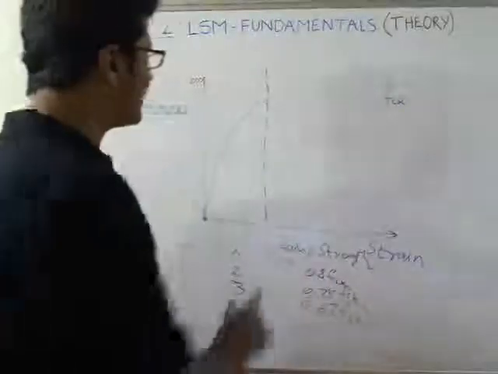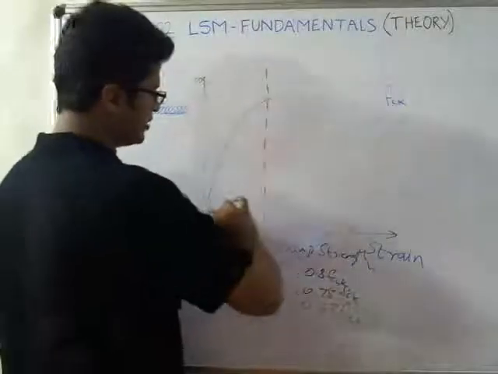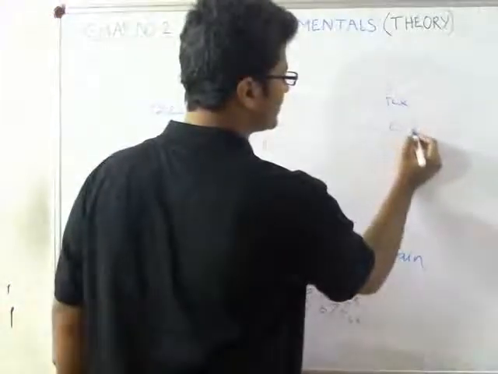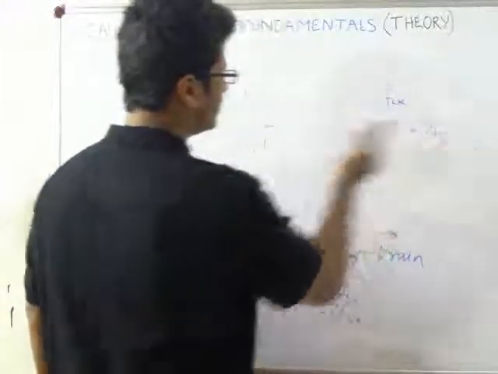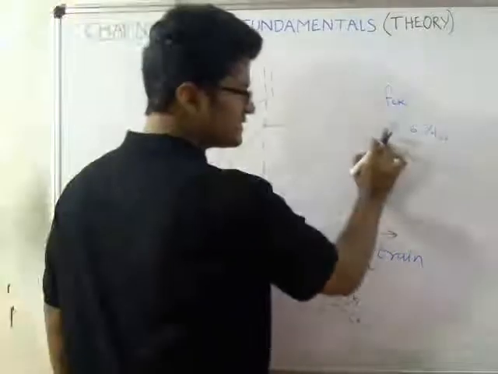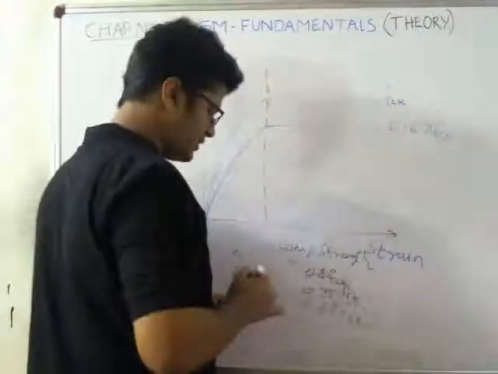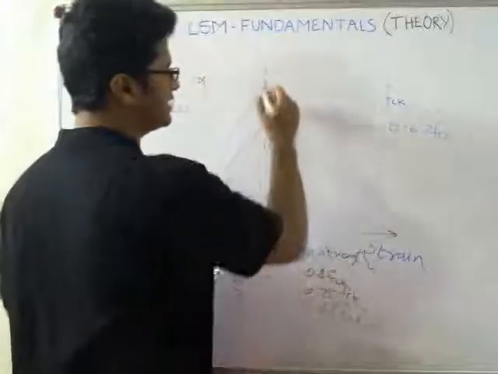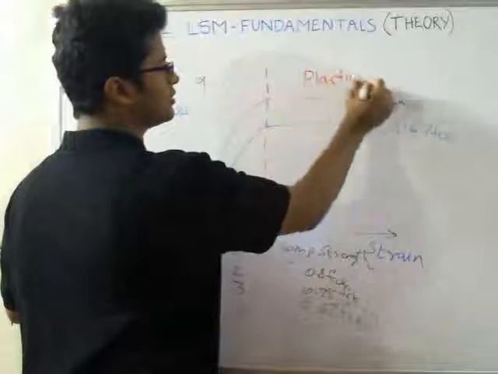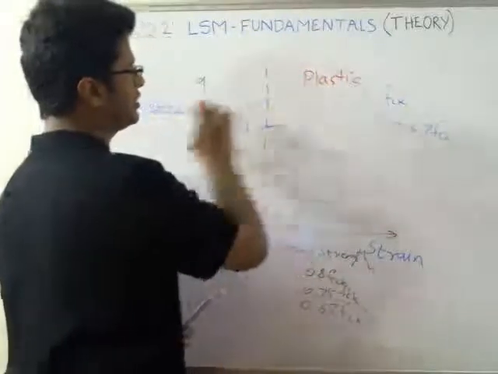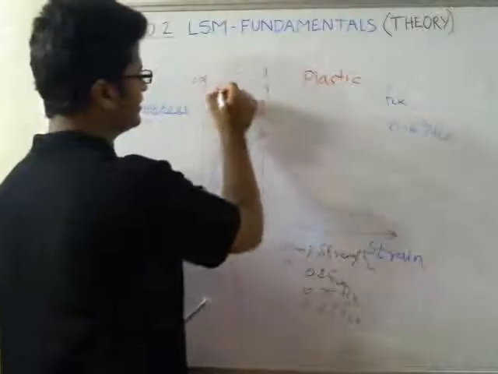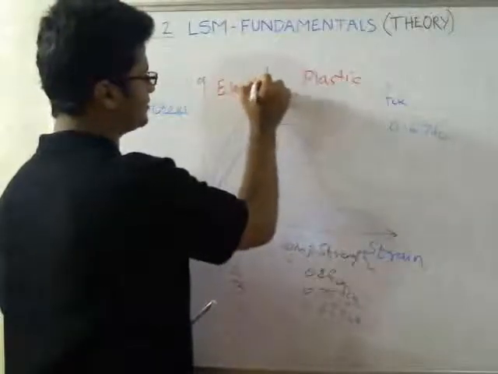That is the reason why there is one more modification in this graph, which is 0.67 FCK. This is the elastic zone, while this is the plastic zone. That is why I am making this line. The stress after this is constant. Here it is constant. Here it is increasing. That is the reason why it is elastic.